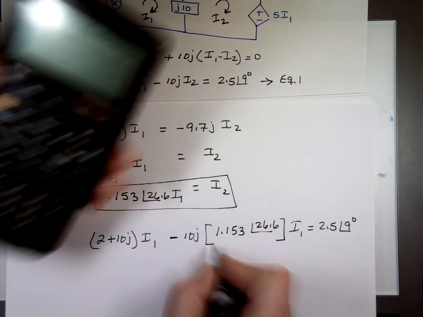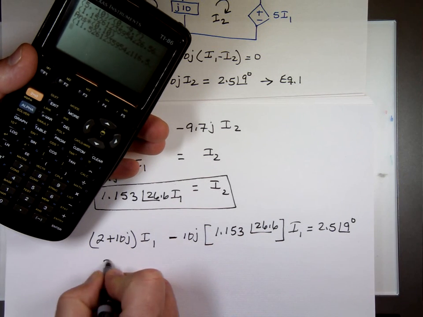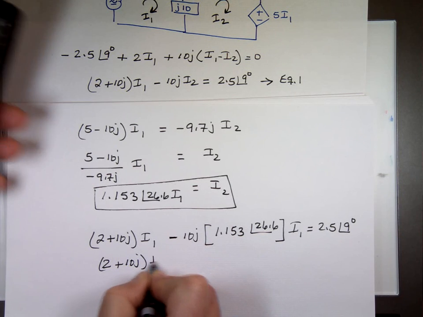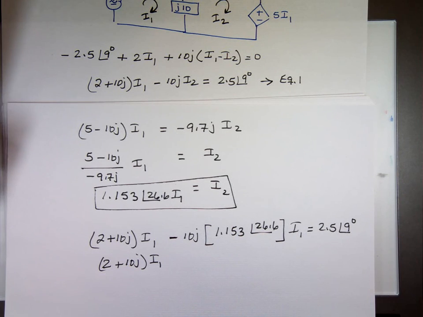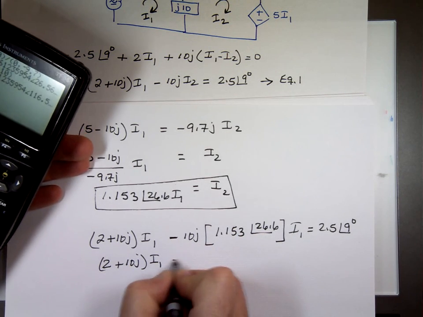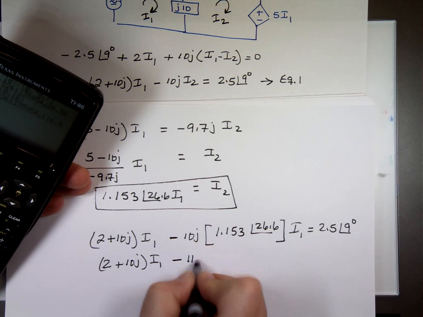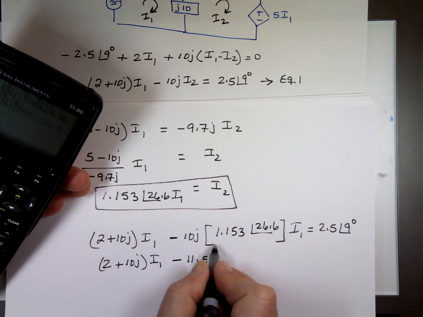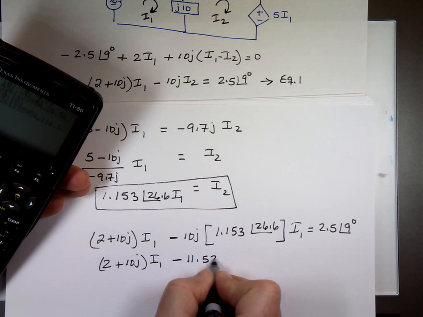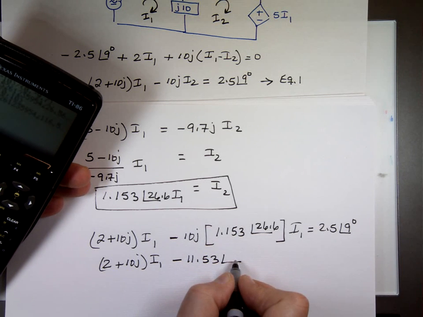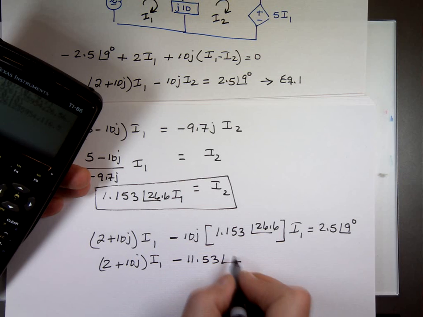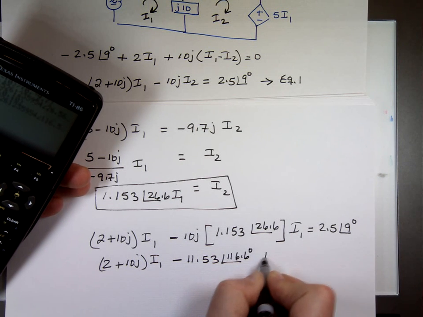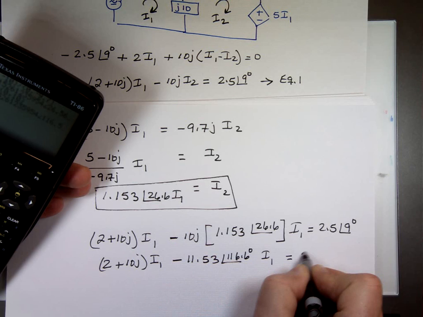So if you multiply that, you'll have 2 plus 10j I sub 1. This will be minus 11.53 angle 116.6 I sub 1 is equal to 2.5 angle 9.